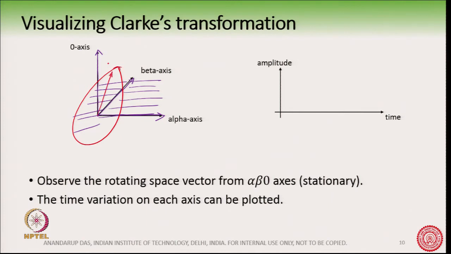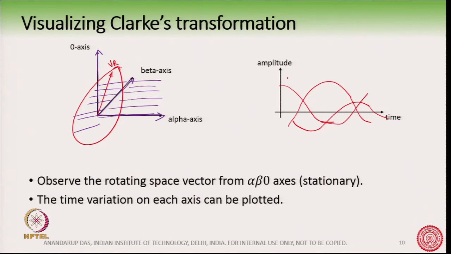This vector is rotating, and you can take its projection along the alpha axis, the beta axis or the 0 axis. So, this is an unbalanced system, and I am drawing 3 unbalanced waveforms.